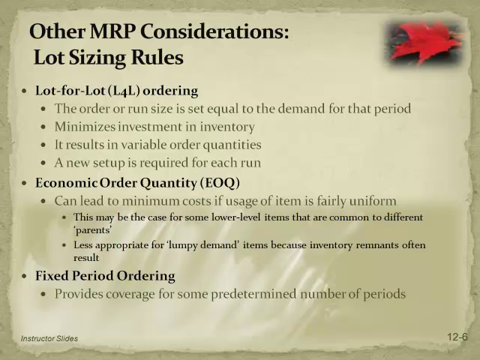I'm going to look at the next two consecutive time periods and look at what the net required would be for those. Then I'm going to aggregate the sum of those three net requirements, and that will be the order that I place.